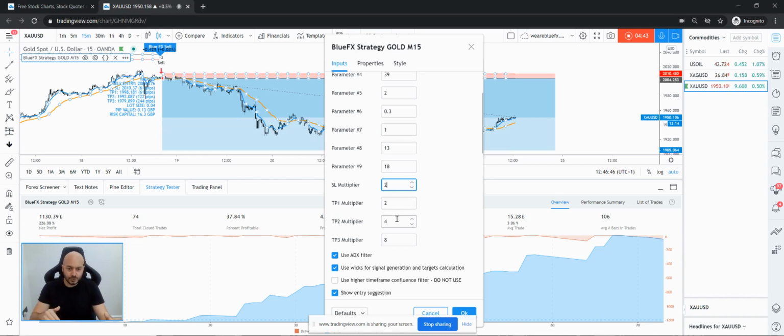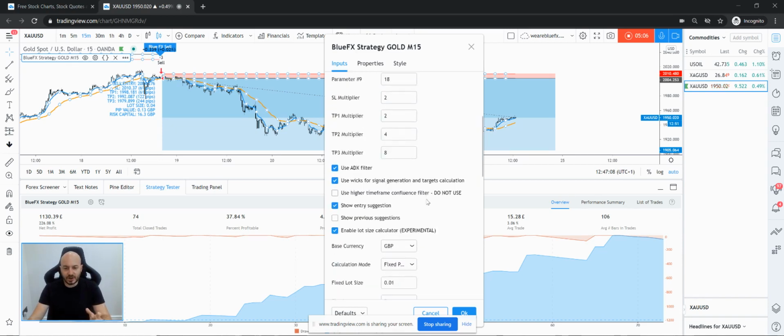If you're risking £10, your exit is going to be based on hitting your £20 target, which is based on 4 ATR. If you were to select TP3, then that's a 4-to-1 risk to reward ratio. So if you're risking £10 per trade, you're exiting on £40. Okay.